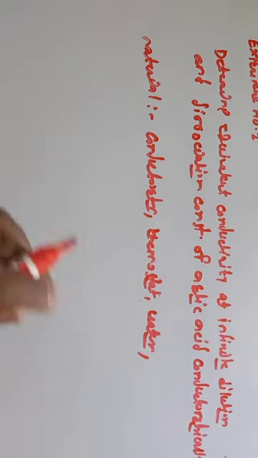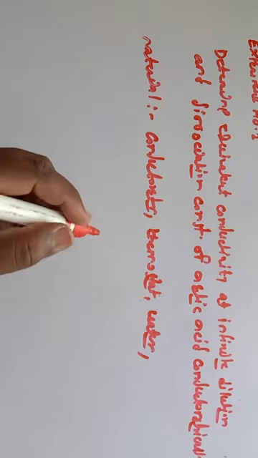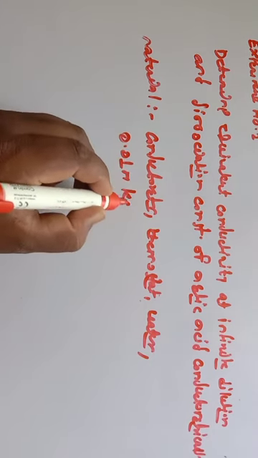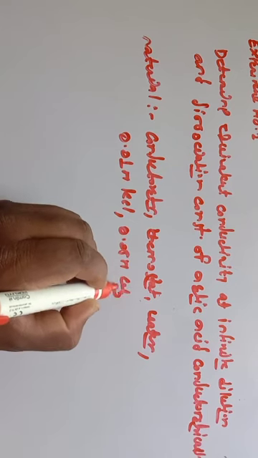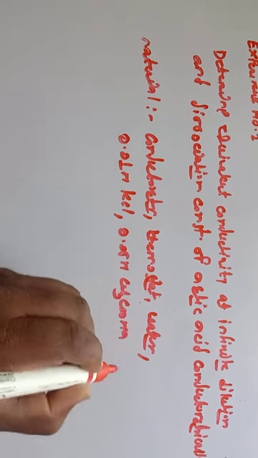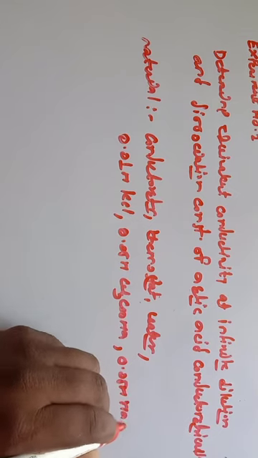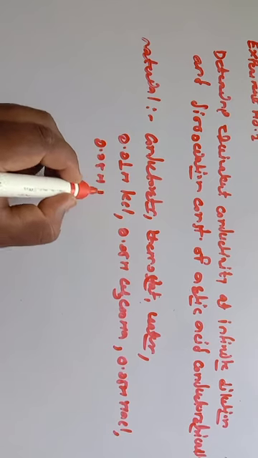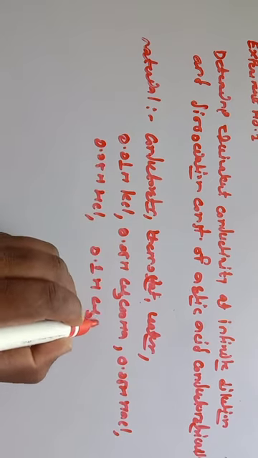We require different concentrations of 0.01 normal KCl, then 0.05 normal CH3COONa, sodium acetate, 0.05 normal NaCl, 0.05 normal hydrochloric acid, and 0.1 normal acetic acid.